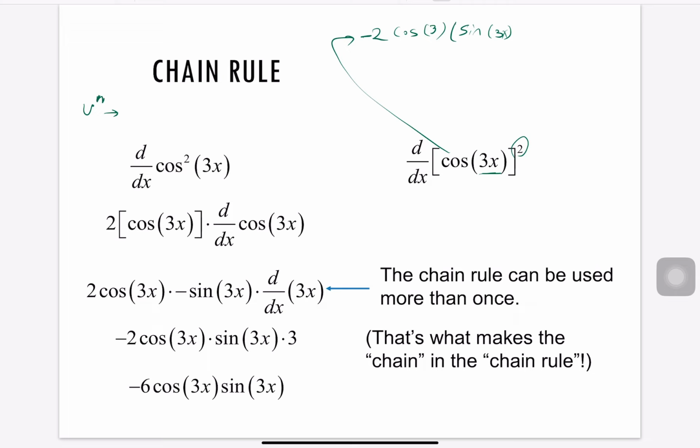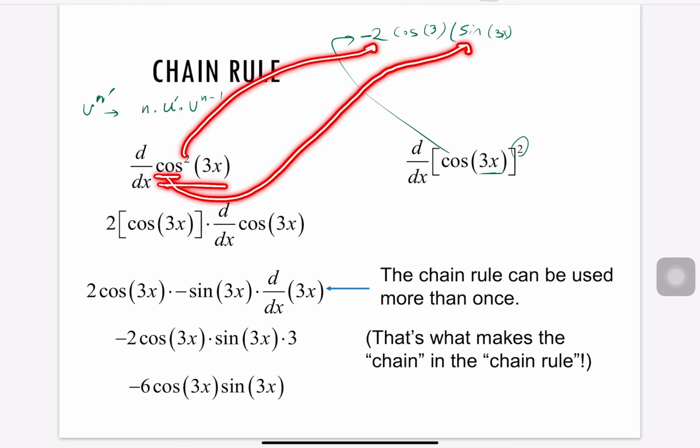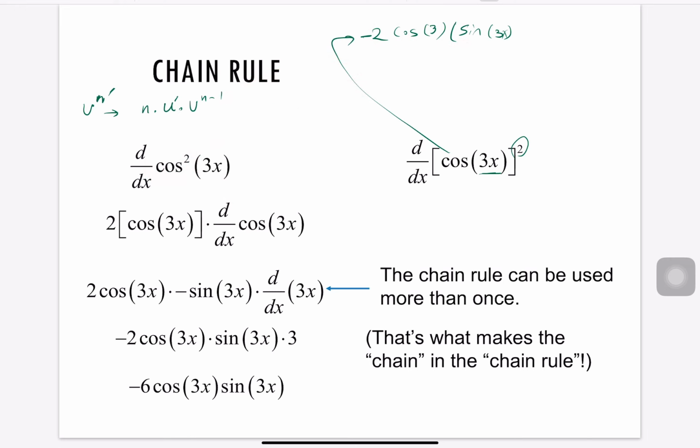If we want to find the derivative of u to the n, it will be n multiplied by u prime multiplied by u to the power n minus 1. It shows first we find the derivative of the inside. N must come behind, and n minus 1 goes here. For example, I found this one for you. 2 must come behind. The cosine derivative will be minus sine, and decreasing the power by 1 will be this. This number goes here.